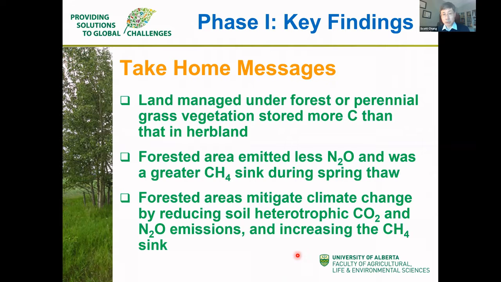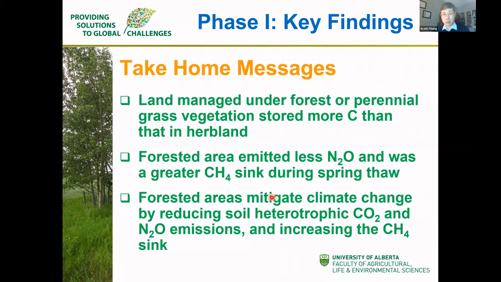The forested area emitted much less nitrous oxide and was a greater methane sink during the spring thaw. And so even during the spring thaw, having trees in the agricultural landscape helps to reduce greenhouse gas emissions.